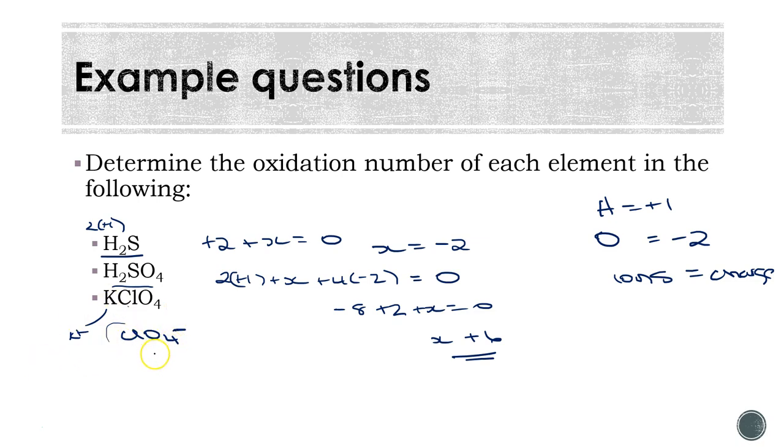Okay, so I've got 4 lots of -2, and I want to get to -1 in total, which means that the chlorine must equal +7. Because I'm going from -8, I need to add 7 to get to -1, and then this +1 here makes it neutral. So the oxidation number of chlorine is going to be +7.